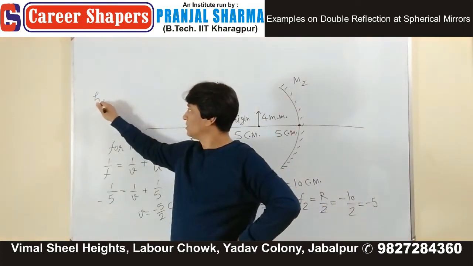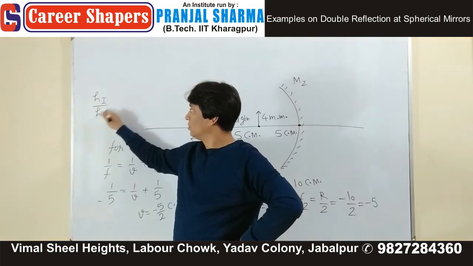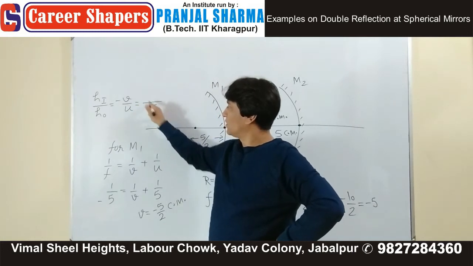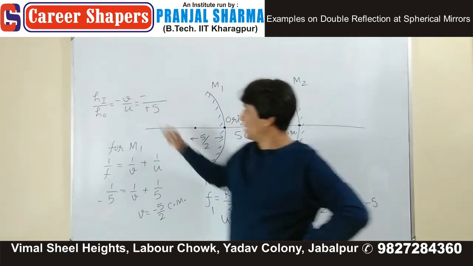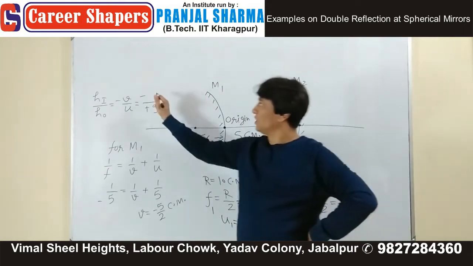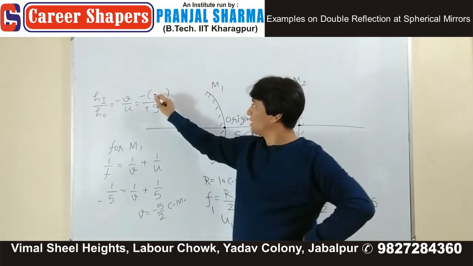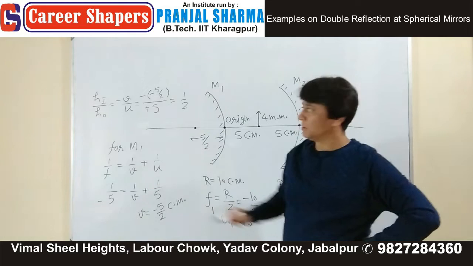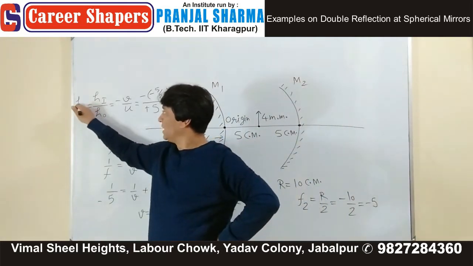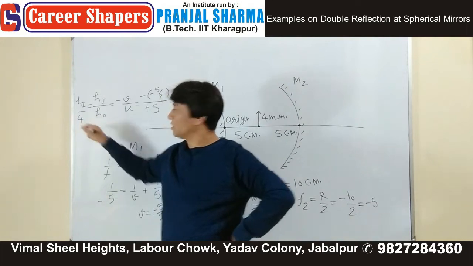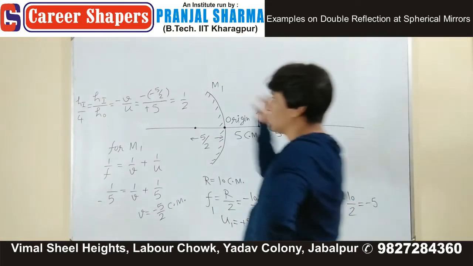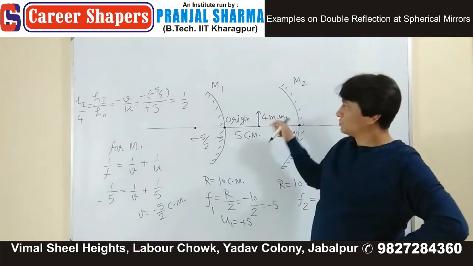Regarding magnification, HI upon HO equals minus of V upon U. U is +5. V is coming minus of 5 by 2. This is coming 1 by 2. We need HI. HO is given as 4.